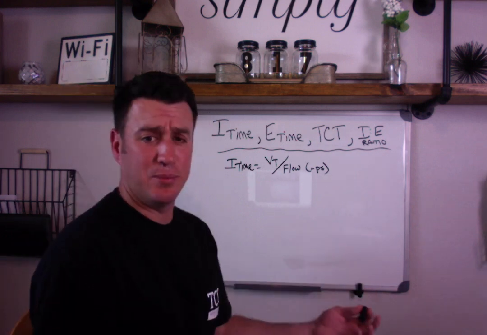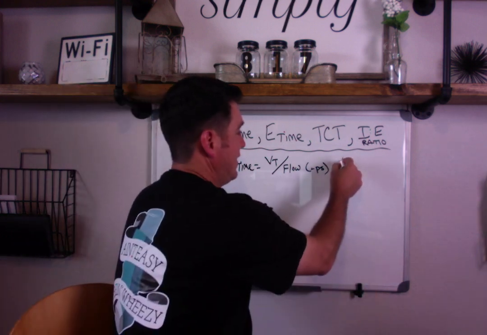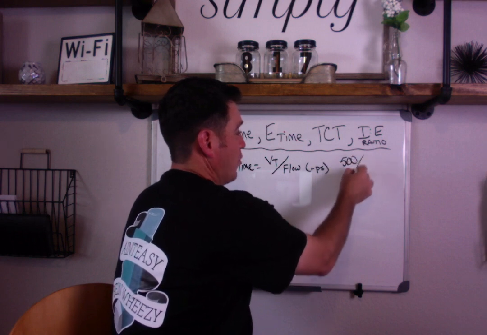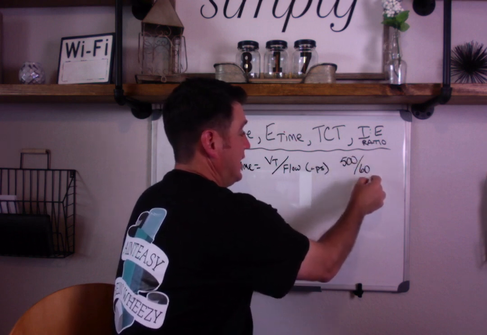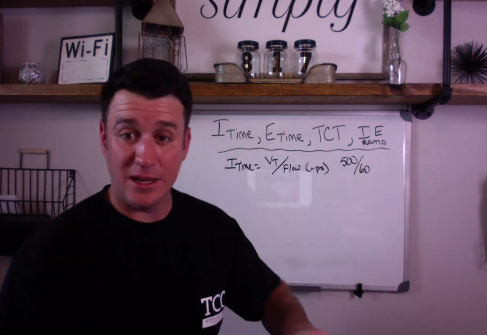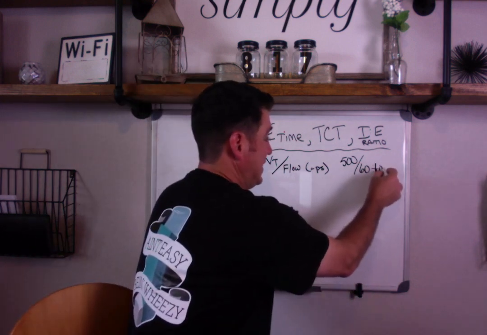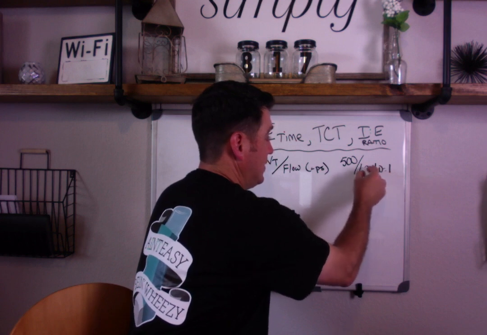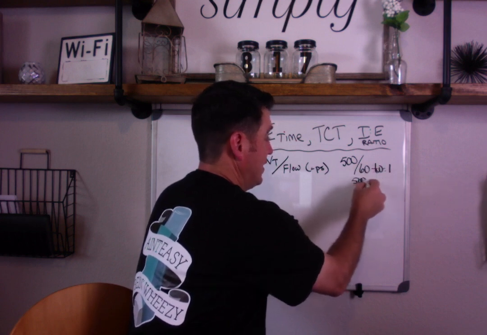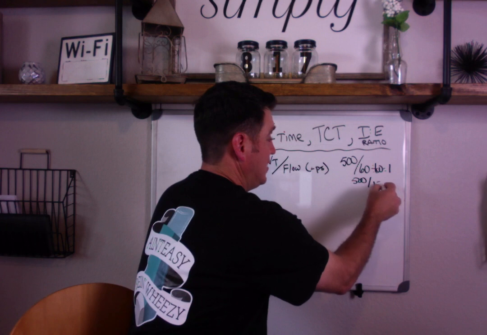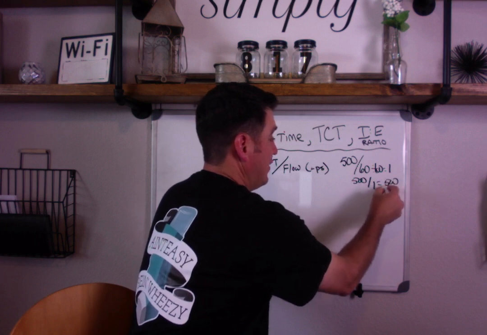So, for example, let's just say we have a tidal volume of 500 set, and we're on a flow of 60 liters per minute. So if we divide 60 by 60, that equals 1. So 500 divided by 1 equals 500.